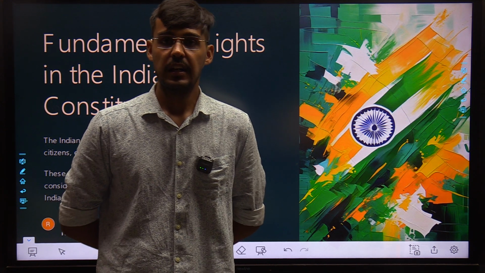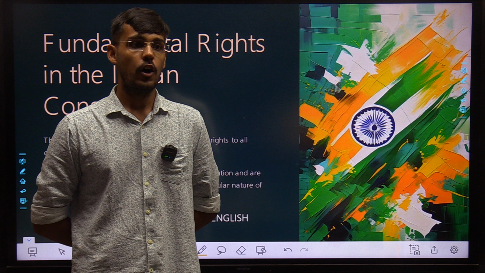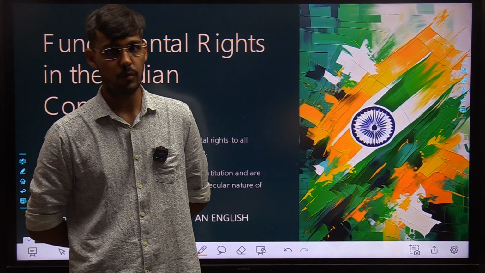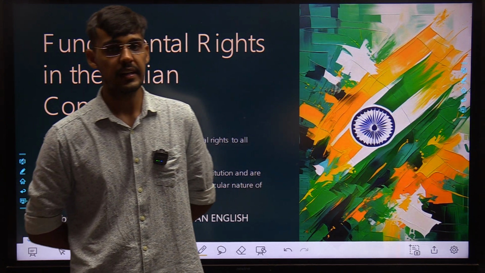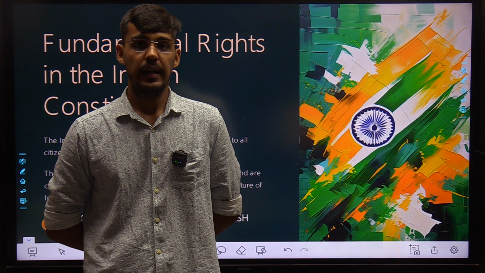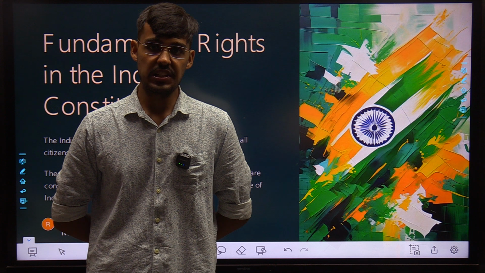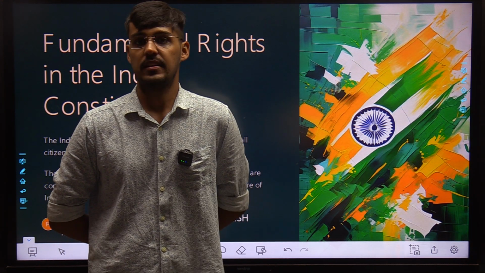Apart from it, the Constitution also mentions that India is a federal country, or more particularly, India is a quasi-federal country according to some constitutional experts. Article 1 of the Constitution clearly states that India is a union of states. It means that India has various states and the power is divided between the states and the central government.